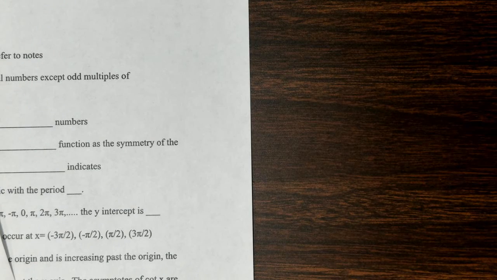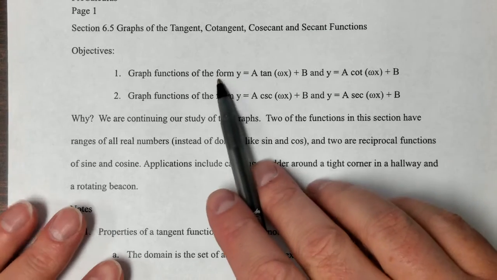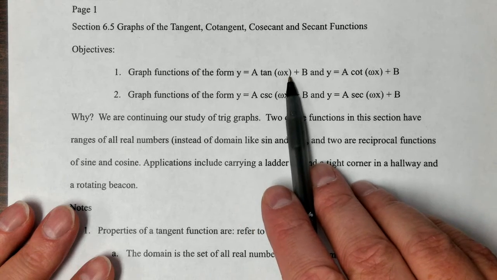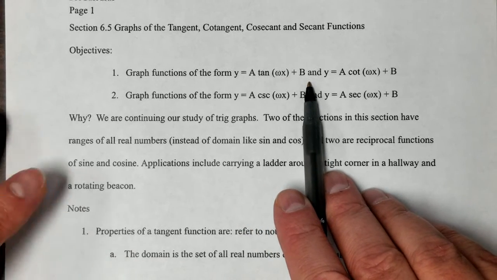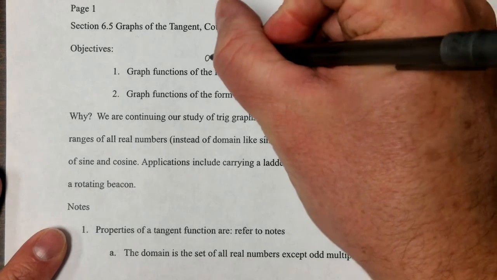Okay, so now let's actually work through our notes. We have functions of the form a tan(wx) plus b. Just as a reminder, the a represents the amplitude.